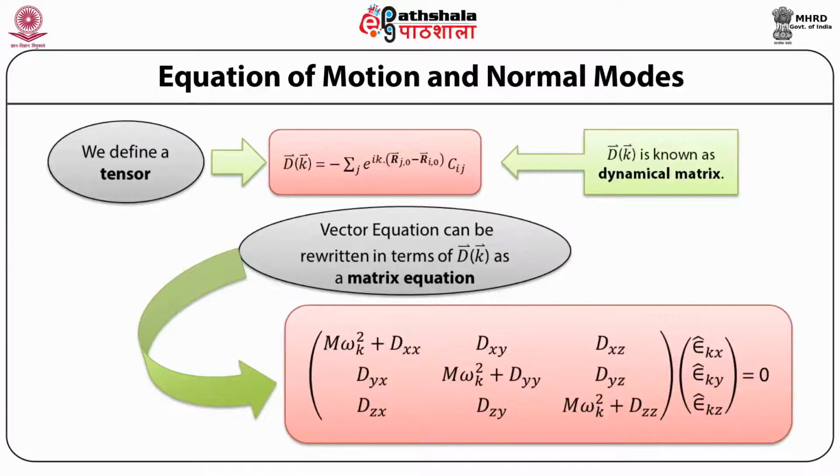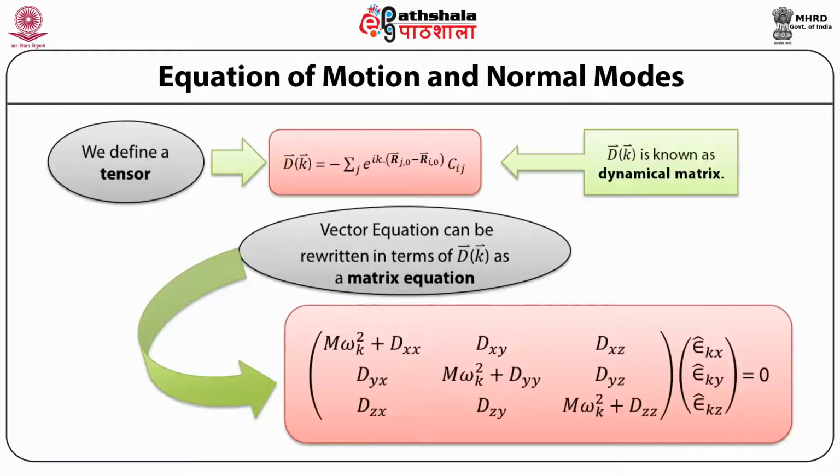Remember that Cij is a 3 by 3 matrix, so naturally Dk will also be a 3 by 3 matrix. What you see here is an equivalent expression of the last equation of the previous slide.